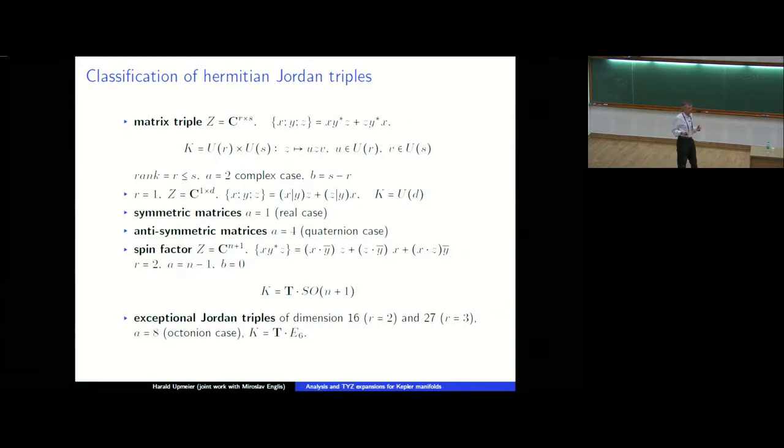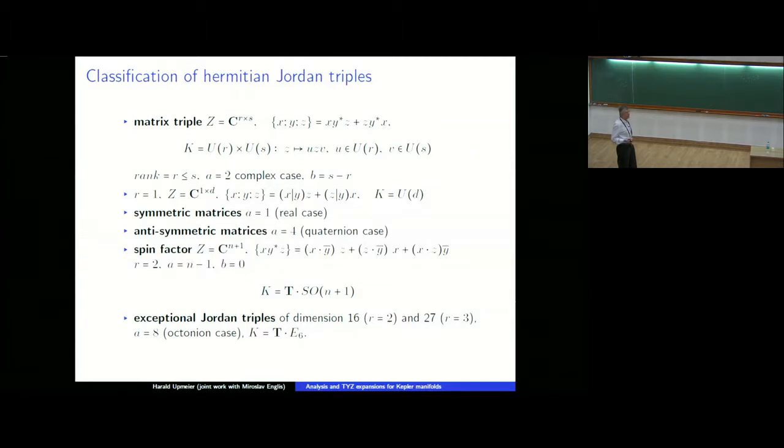You know, antisymmetric matrices do not form an algebra, but they are closed under the triple product. Here A is 4. It's the quaternion case. I will explain this notion in a little more detail in the next slide. So this is the first case, the three matrix types: all matrices, rectangular matrices, and the symmetric and antisymmetric cases.